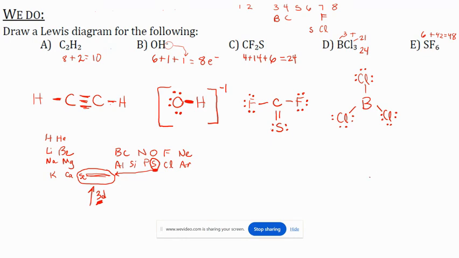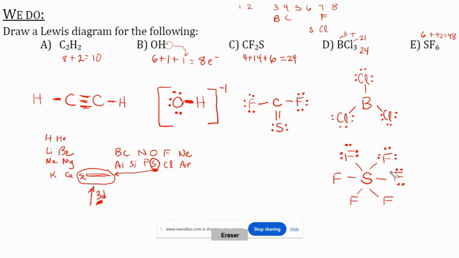And that's what's going to happen here with this sulfur. Sulfur is going to be in the middle, and it's going to have 6 things coming off of it. 6 of these fluorines coming off of that sulfur. Right now, I have how many electrons placed? 12. 12 out of 48. 14, 16, 18, 20, 22, 24, 26, 28, 30.